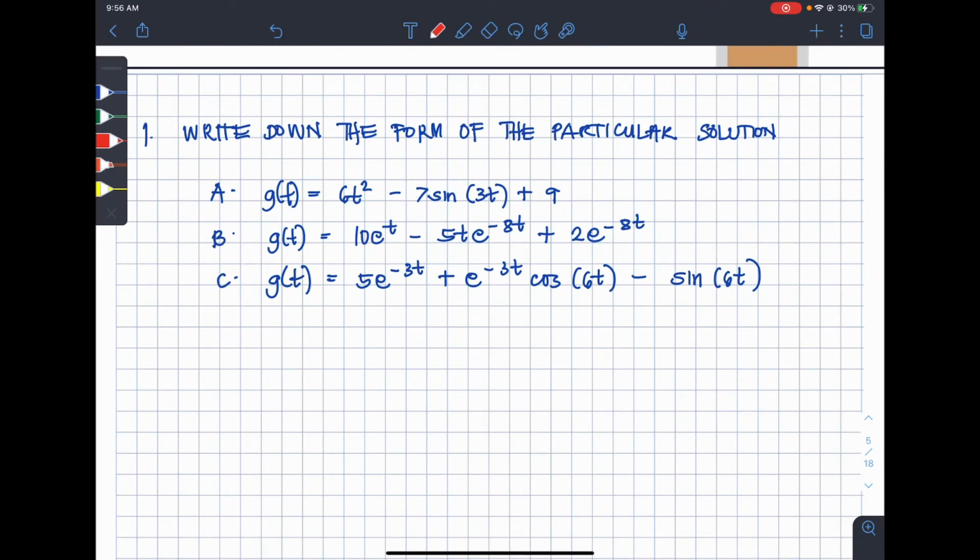So before we proceed with our solving. Okay. Sabi niya, write down the form of the particular solution. So for the first one, let me copy it.